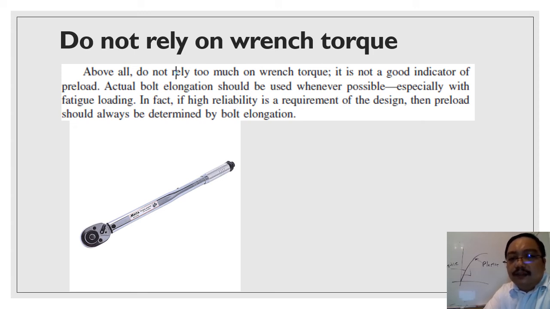In fact, if high reliability is a requirement of the design, then preload should always be determined by bolt elongation, meaning that when you tighten the bolt, it may elongate or it may shrink.